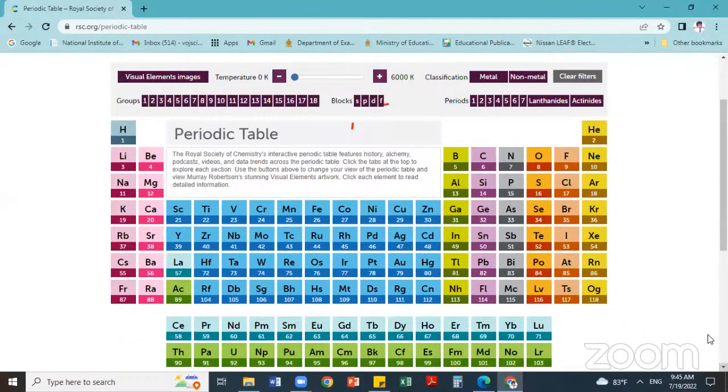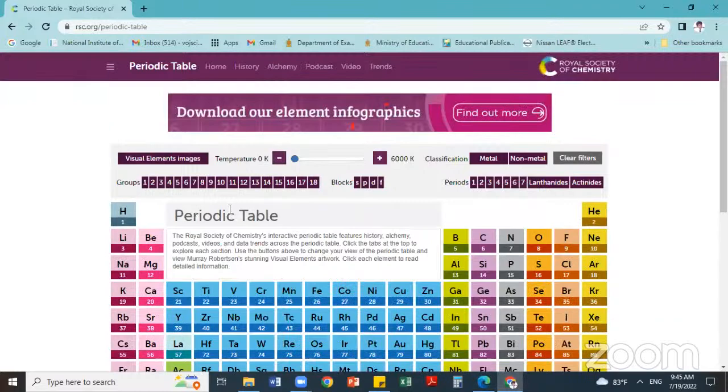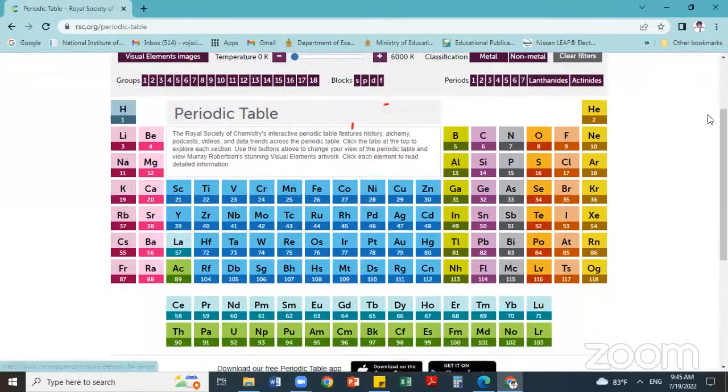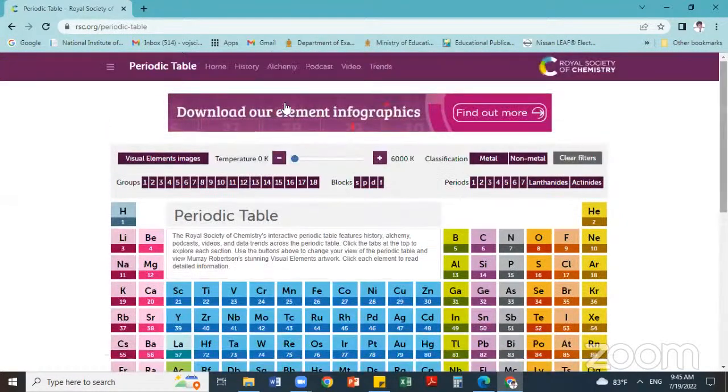This is the periodic table. Now, how many elements have been discovered so far? 118 elements. You can just search for rsc.org periodic table, Royal Society of Chemistry periodic table.